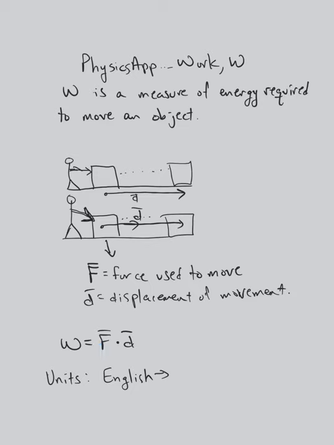The standard unit is pounds, and then the standard unit of length in the English system is feet. So the units are pounds times feet, and people will usually pronounce those as foot pounds. One thing to understand about that, no matter which system you're in, these are actually energy units.